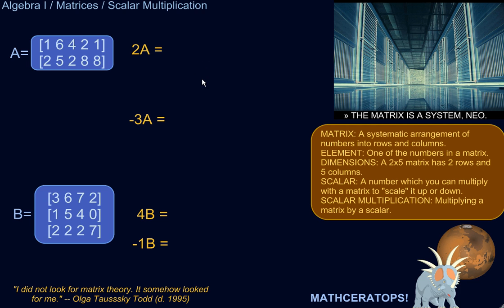Now, a scalar is a number which you can multiply with a matrix to scale it up or down. Let's think back on the concept of scale in general.